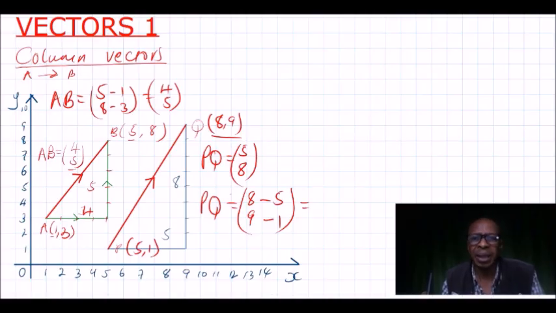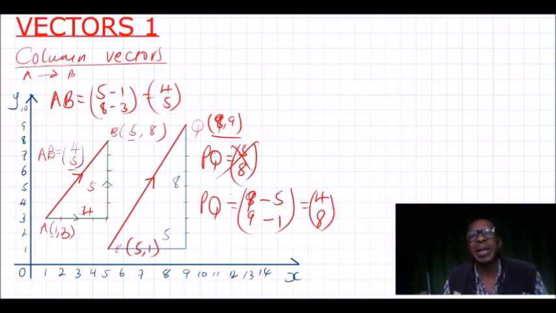The coordinates of Q are 8 and 9, so 8 minus 5 gives 3, and 9 minus 1 gives 8.